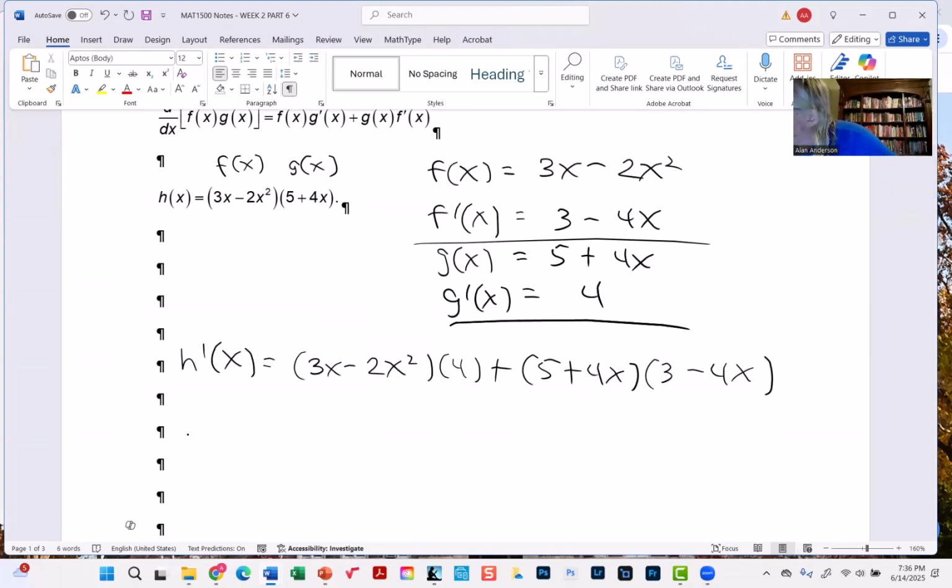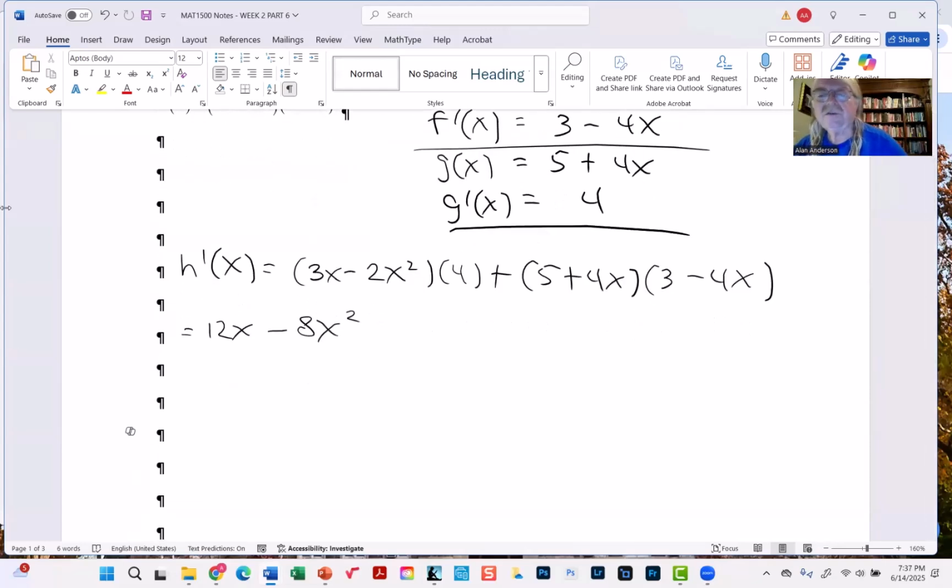So what do we have here? Well, we have to distribute this 4 across these two terms. So we'll have 12x minus 8x squared. Now here, if I multiply these out, I can use FOIL.